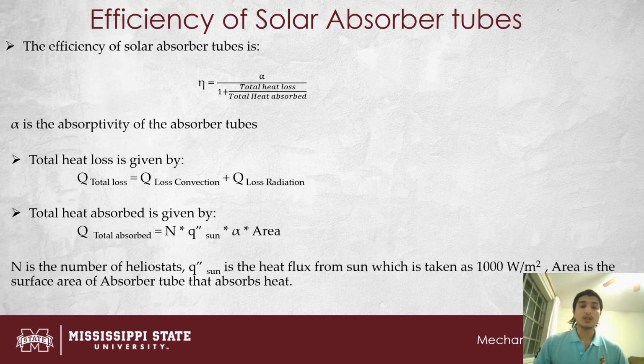Total heat absorbed is given by this formula here, where n is the number of heliostats, q dash is the heat flux from the sun, which is taken as 1000 watt per meter square, and area is the area of the absorber tube that absorbs the heat.